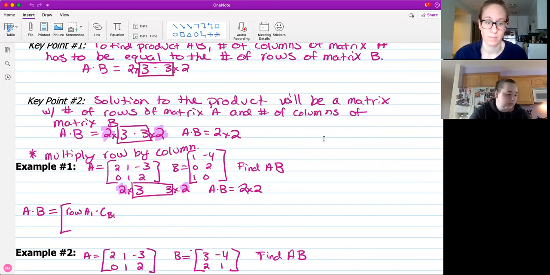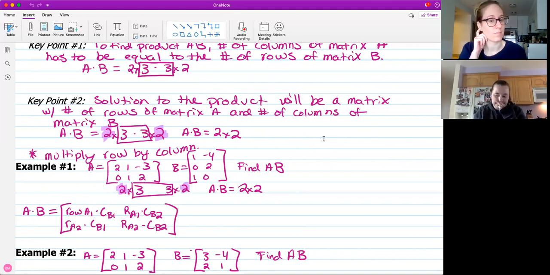Then here we're going to have row A1 times column B2. Here we're going to have row A2 times column B1. And then here we're going to have row A2 times column B2. Hopefully that makes sense.